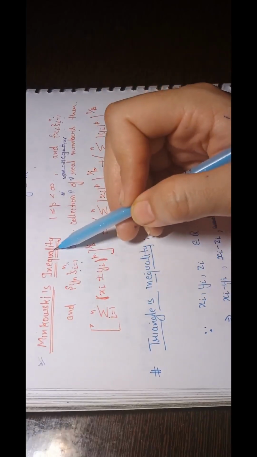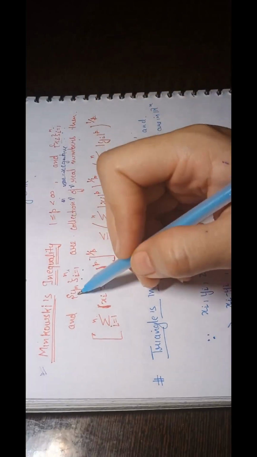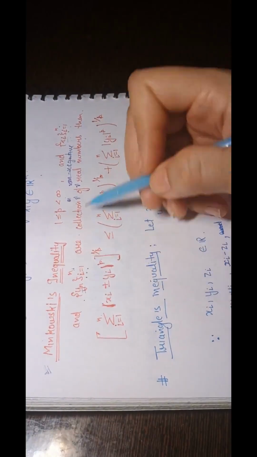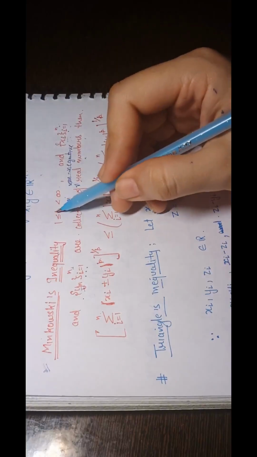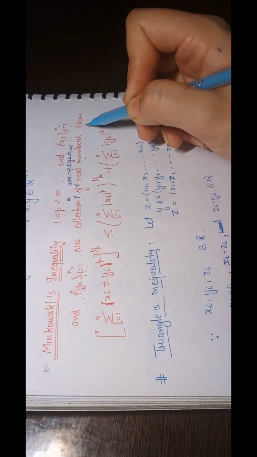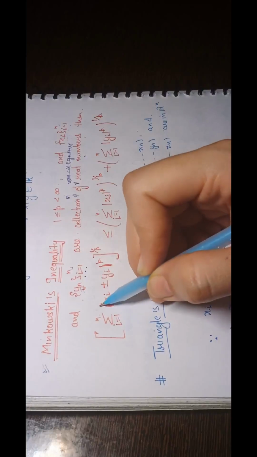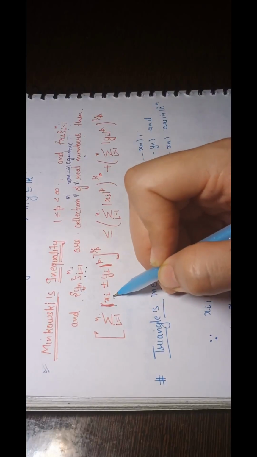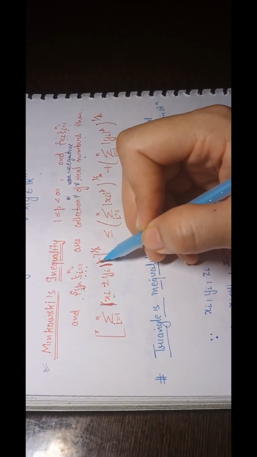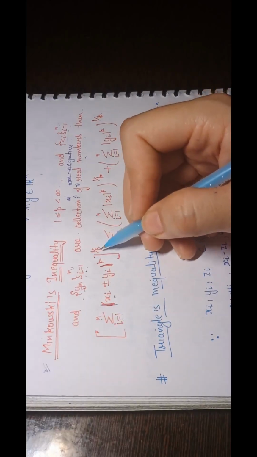Minkowski's inequality says that if xi and yi are a collection of real numbers, then for every p which is greater than or equal to 1 and less than infinity, we have the summation of the absolute value of xi plus or minus yi to the power p, where i is running from 1 to n, to the power 1 by p.